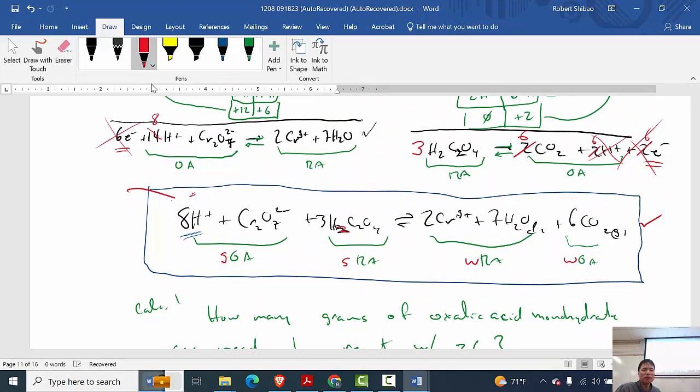What we used for the H plus here, we needed 8 H plus. We ended up using 4 oxalic acids for that to give us 8 H pluses. And this just uses the hydrogen. It doesn't use the oxalate.